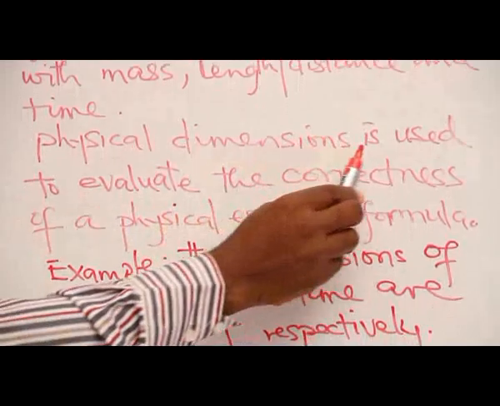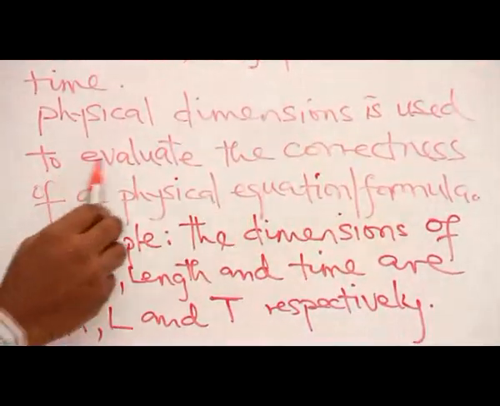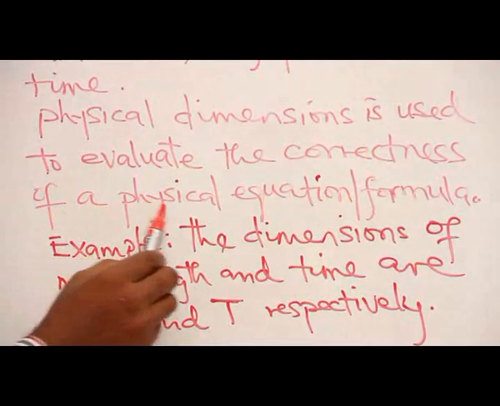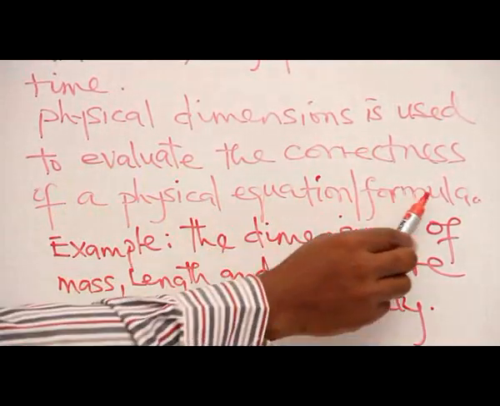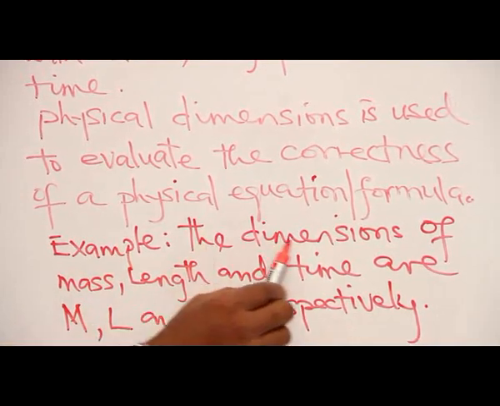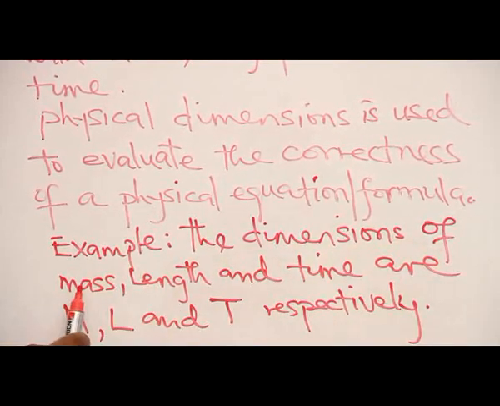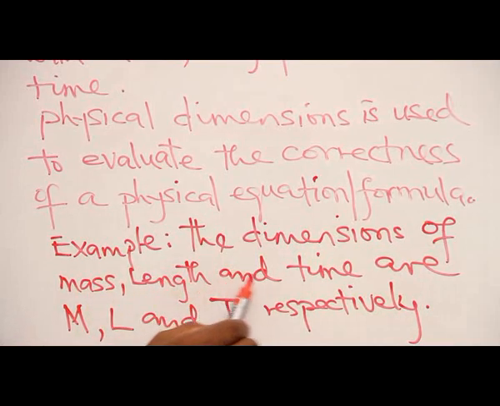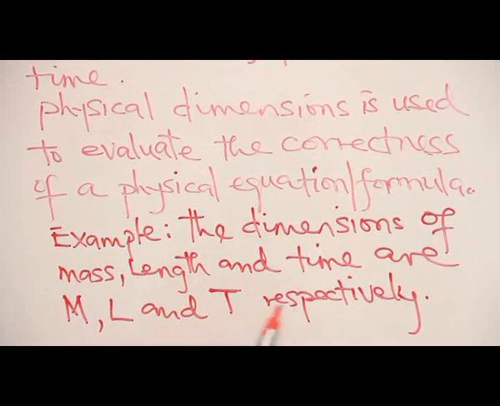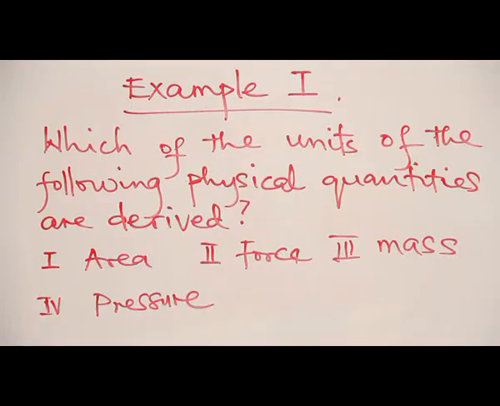Physical dimensions is used to evaluate the correctness of a physical equation or formula. Example: the dimensions of mass, length, and time are capital M, capital L, and capital T, respectively.